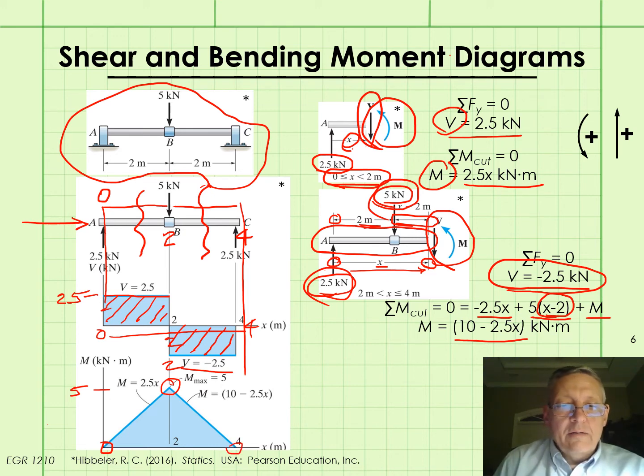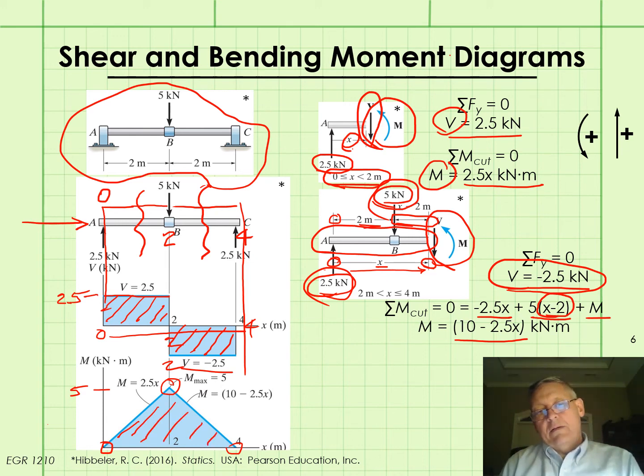And again, it's already shaded here, but when you do these, you would shade in the area between the curve and the x-axis. That took a little while, but this is the gist of shear and bending moment diagrams.